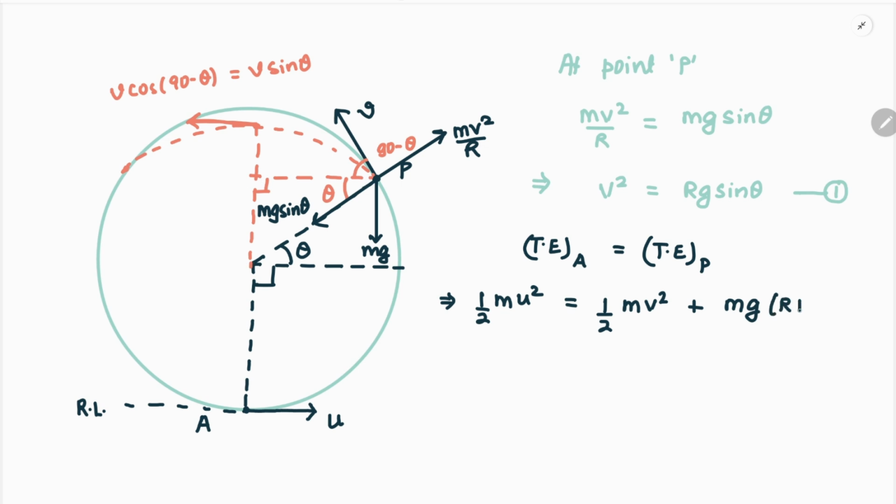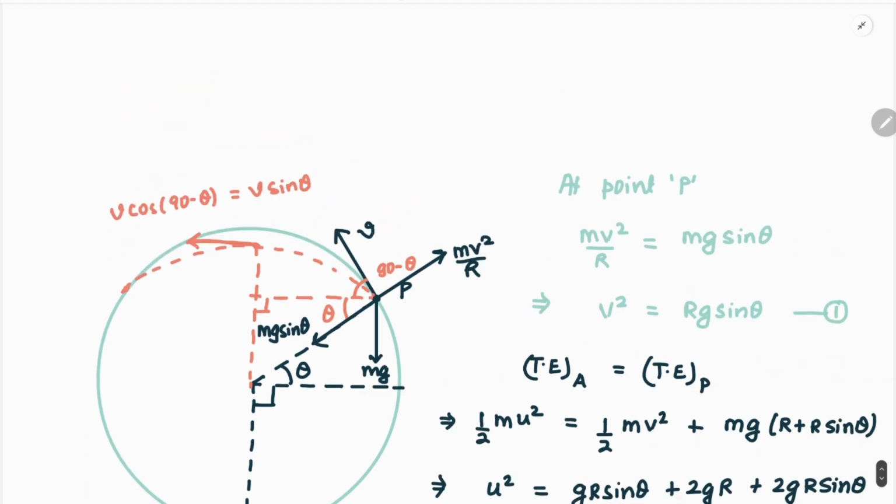So mg into r plus r sin theta. So over here on solving, if we cancel out all the m and put v square equal to rg sin theta, we get u square equals, so v square can be written as gr sin theta, and we are left with 2gr plus 2gr sin theta. So this is the expression that we have.